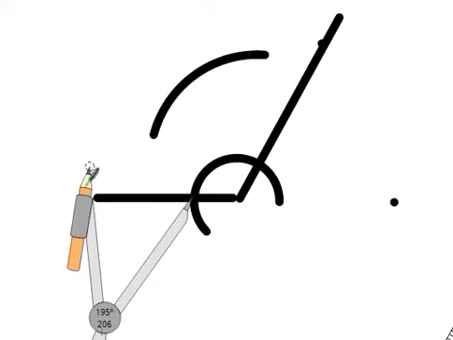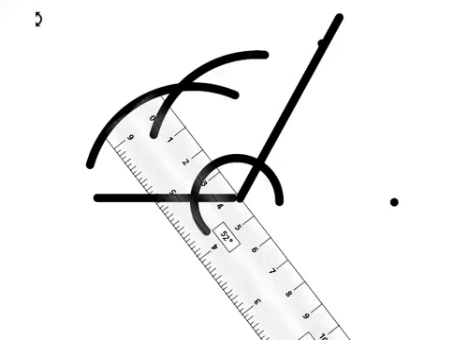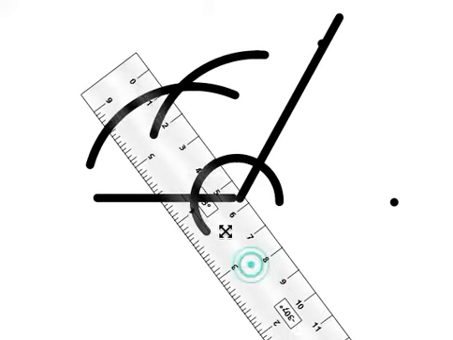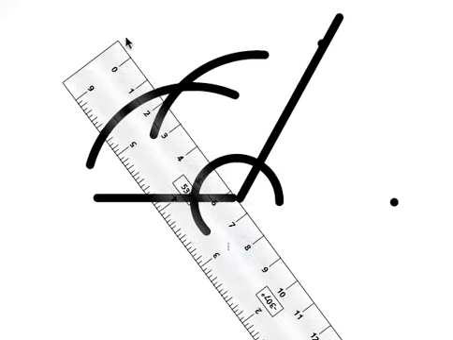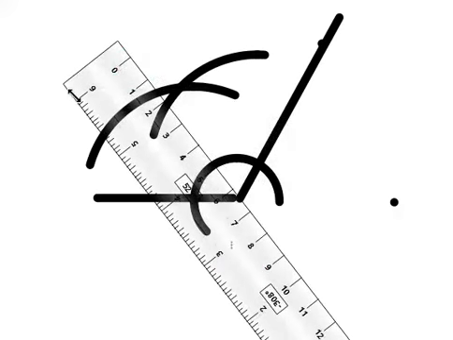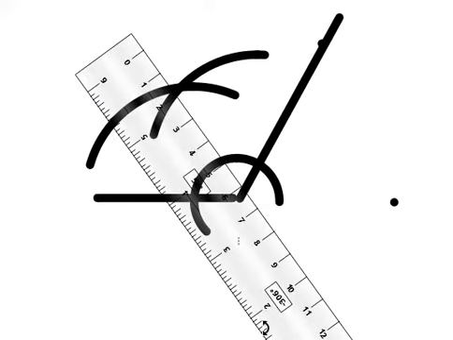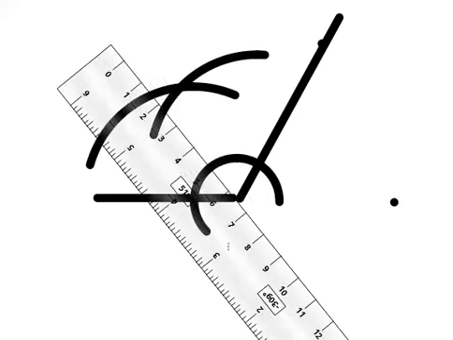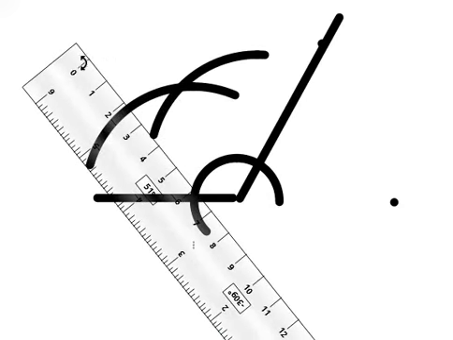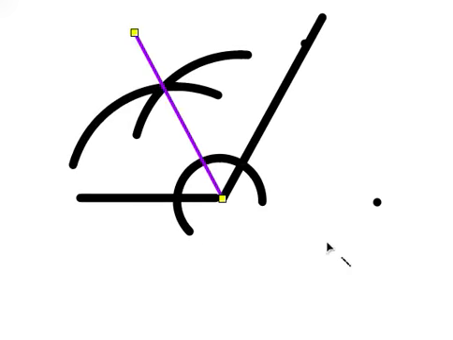Don't change the opening. Okay, and then use the ruler again to draw a straight line passing through the two points. We can draw the bisector of the angle here. Okay, understood.